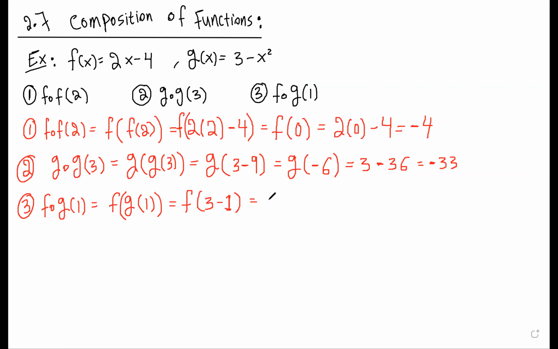So I get f of 2. You plug the 2 inside the function f: 2 times 2 minus 4, so 4 minus 4 equals 0.